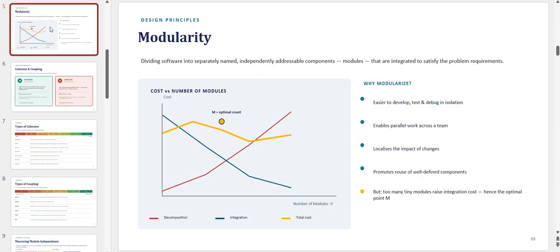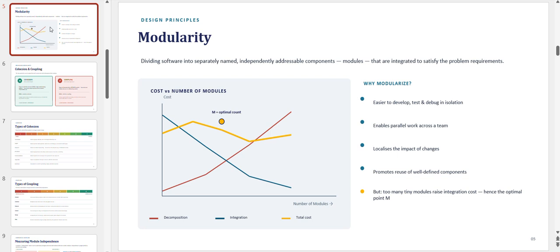Modularity is a design principle of dividing software into separately named, independently addressable components, called modules, that are integrated to satisfy the problem requirements. In this graph, cost versus number of modules is given, showing how decomposition, integration, and total cost behave. Why modularize?